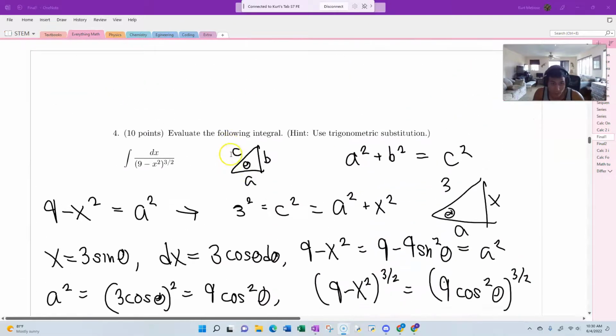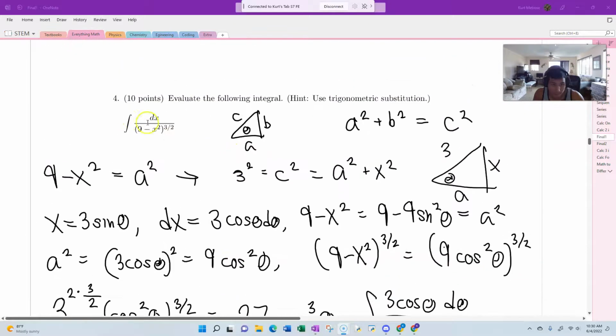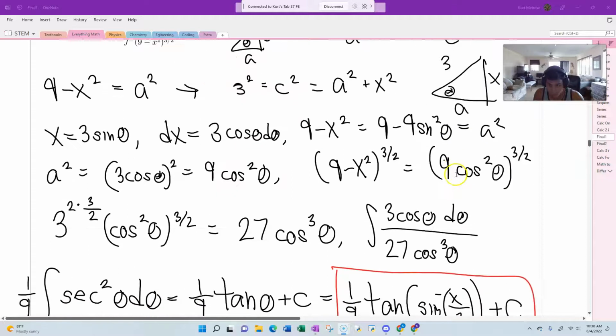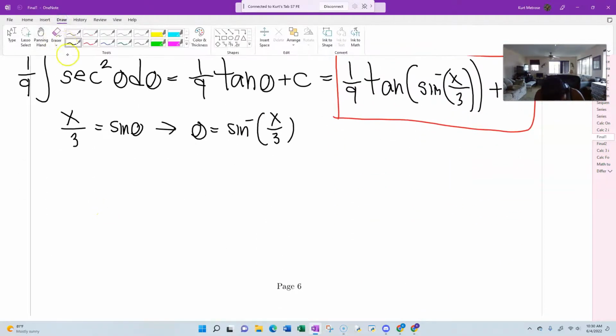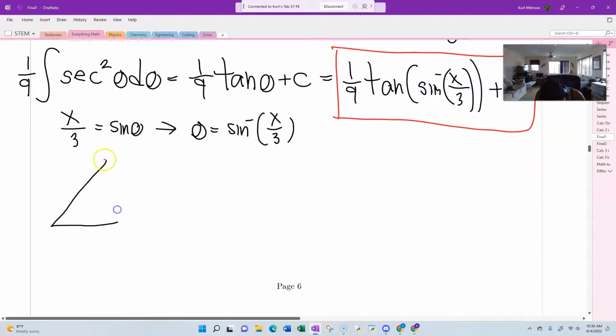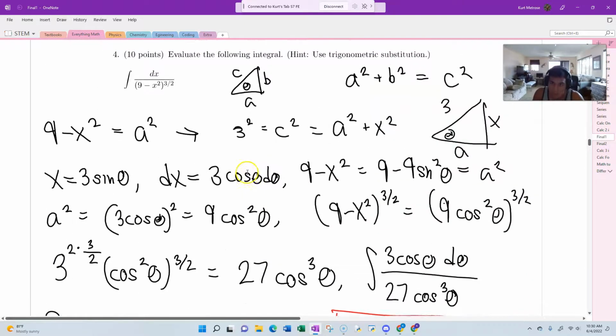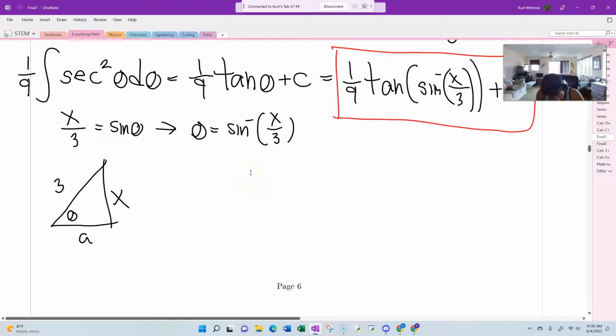But if you want to make it look a little bit nicer, let's go back to this triangle right here. I'll redraw it, with 3, x, a, and theta. I believe this was the triangle. Remember how we said we want to know what theta is.